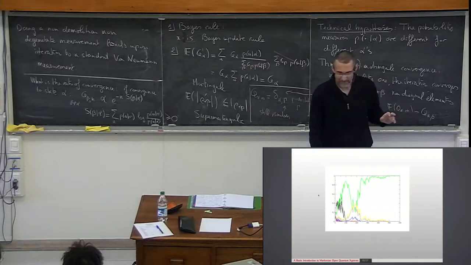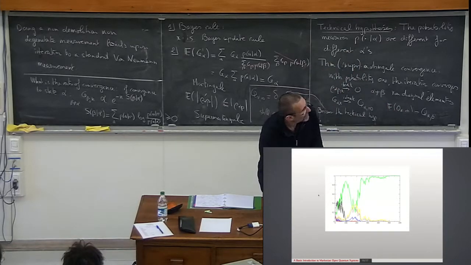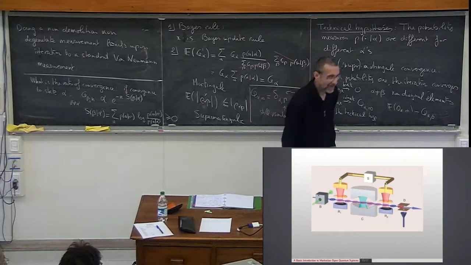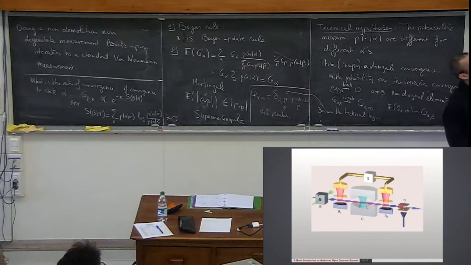So now, for instance, imagine you take the same experiment again, but now you imagine that the cavity is less well isolated from the environment, so that it thermalizes with an environment. To observe the way it thermalizes, you just send these probes, and you see what goes on.